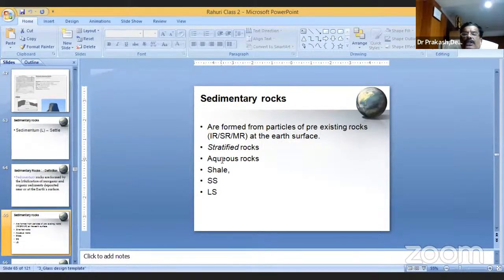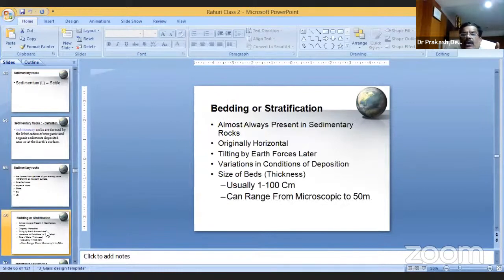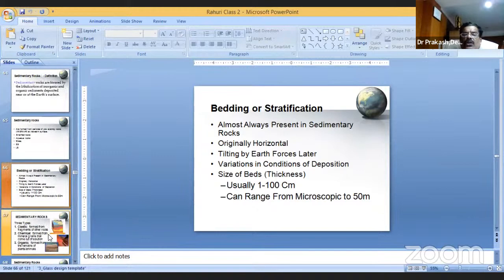They are called aqueous rocks because water is the main agent in the formation of sedimentary rocks. Shale is the most dominant in the upper part of the earth's crust. Sandstone and limestone are the important rocks in the sedimentary rock system. Bedding or stratification is common in these rocks, and even gradations also.